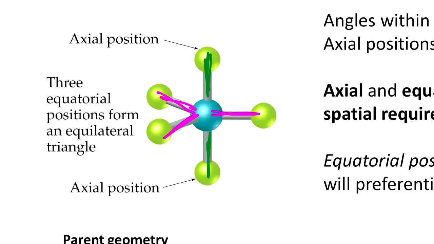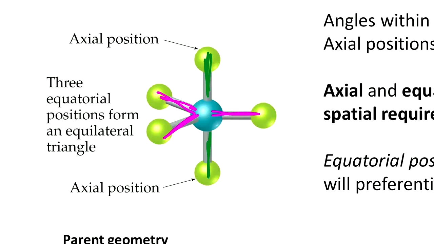But then if we look at an equatorial atom, see this red atom, it actually has 4 nearest neighbors. This atom has 2 that are 90 degrees from it and 2 that are 120 degrees away from it. So there are different spatial requirements or different spatial regions on this trigonal bipyramid, and that's important when we place lone pairs on our electron geometry.